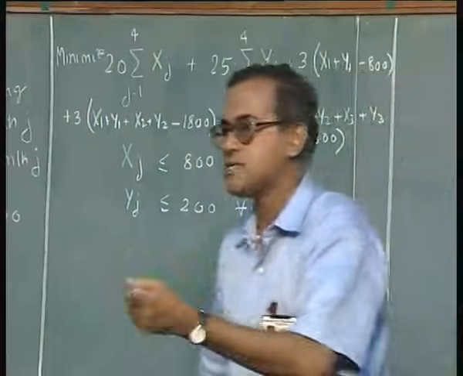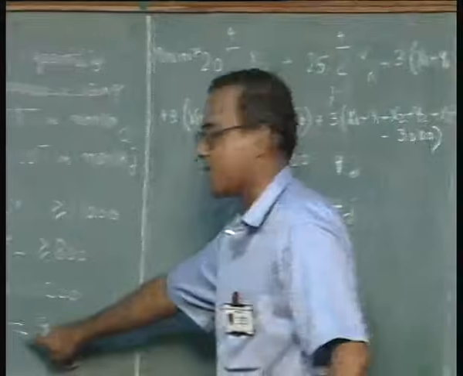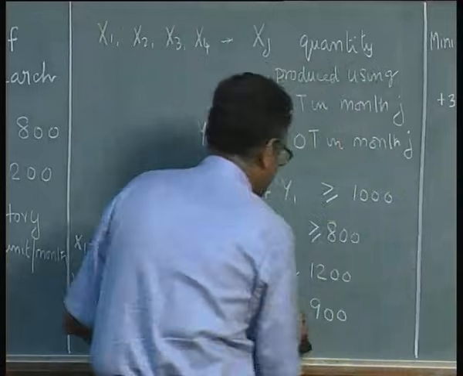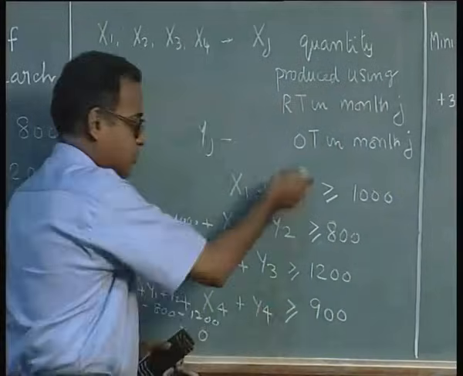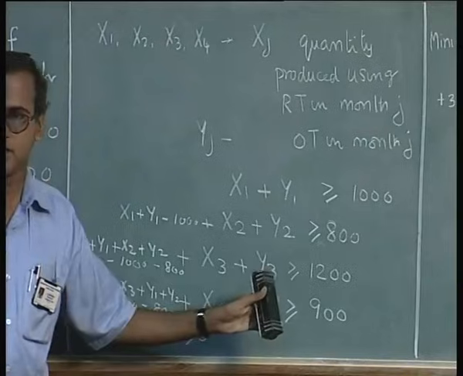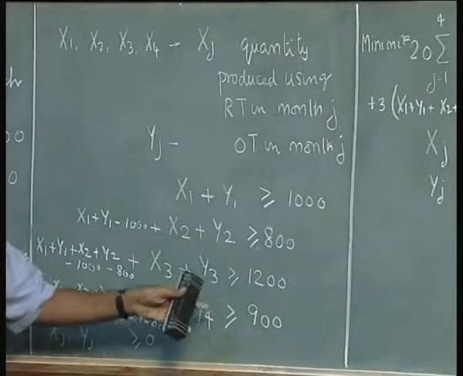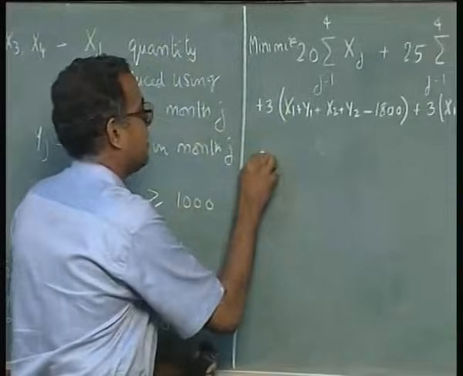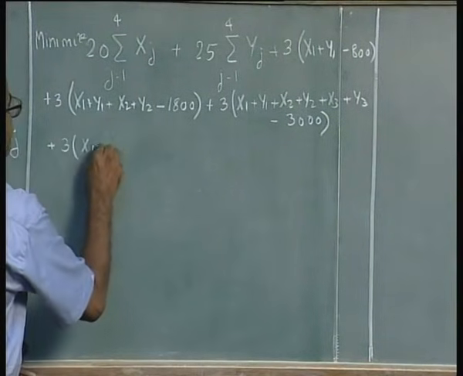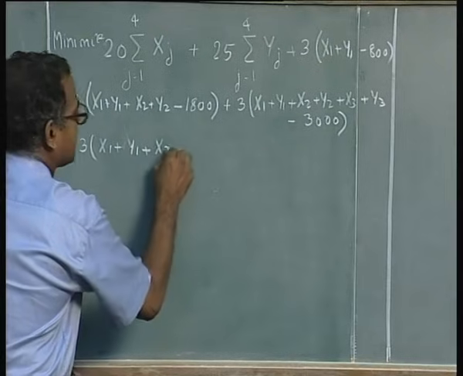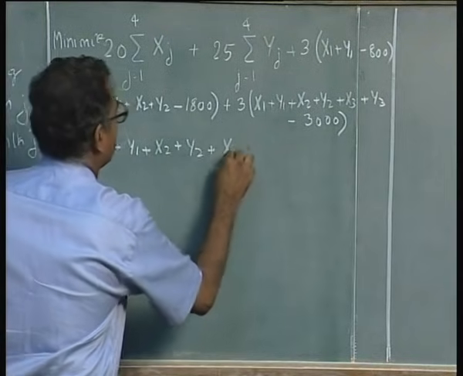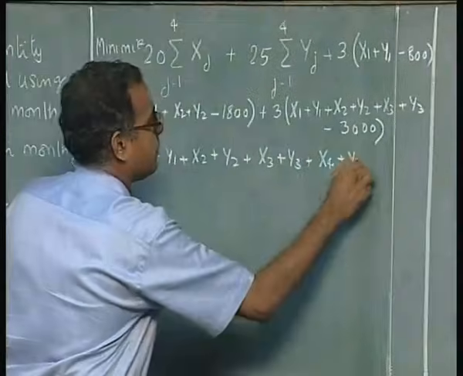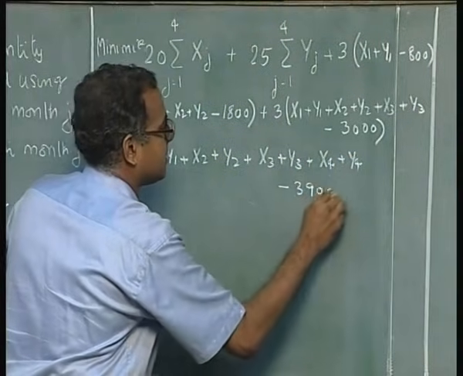Right now we have not introduced an I4, and we have an equation here. In fact, we can do something, we can even keep this as greater than or equal to, just to be consistent with the other 3 constraints, and if we choose to do that, then what will happen is we have another term that comes in. You will have a fourth term, which is this x1 plus y1 plus x2 plus y2 plus x3 plus y3 plus x4 plus y4 minus 3900.